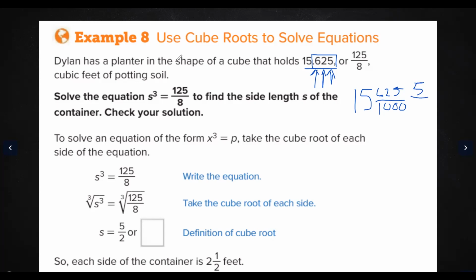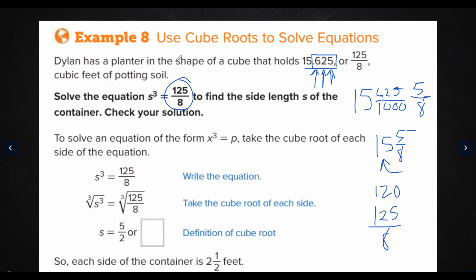And then if we divide 1,000 by 125, we get 8. Okay, so my number would be 15 and 5 over 8. We need to turn it into an improper fraction. So we multiply 8 times 15, which equals 120. And then we need to add the 5. So it would be 125 over 8. So that's how we get to this part, okay?